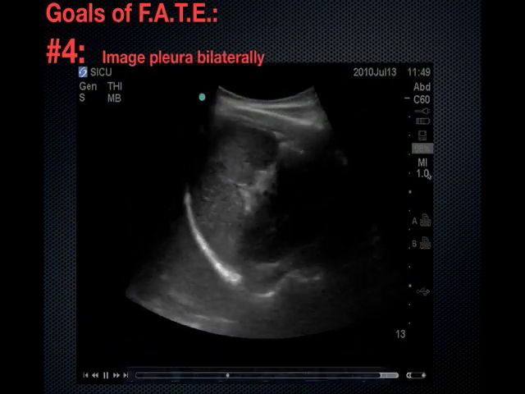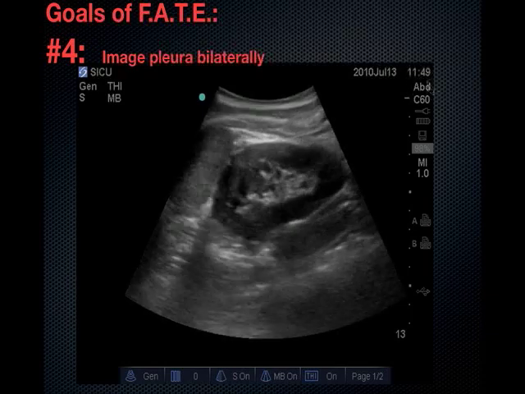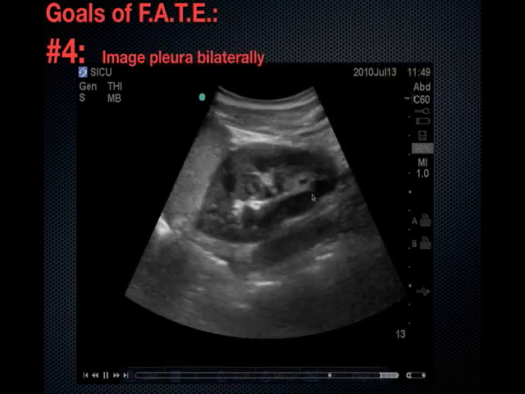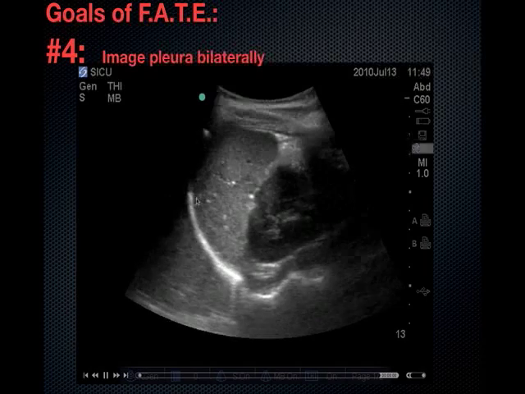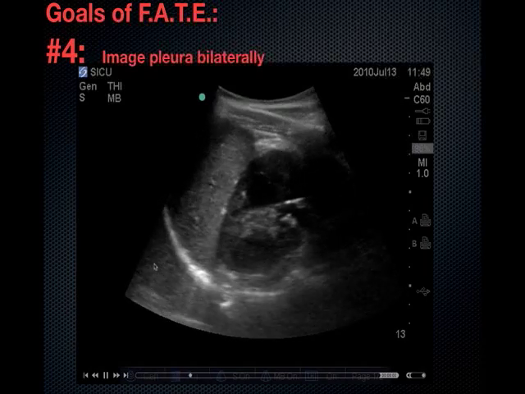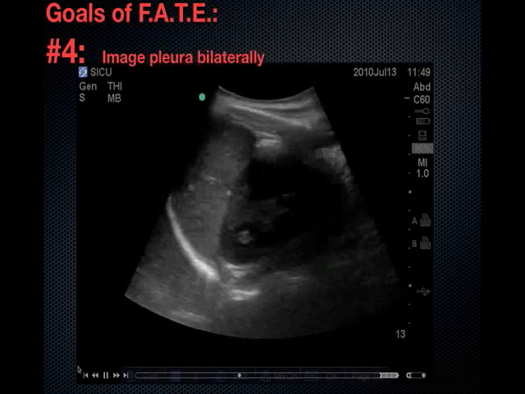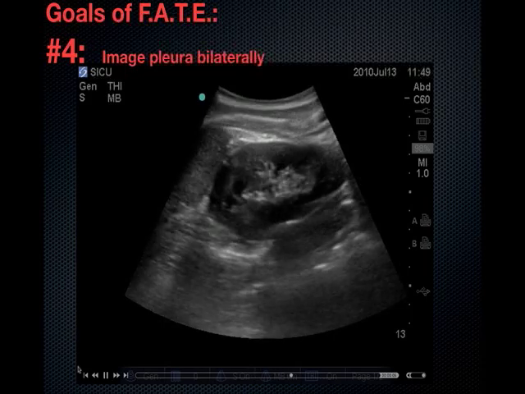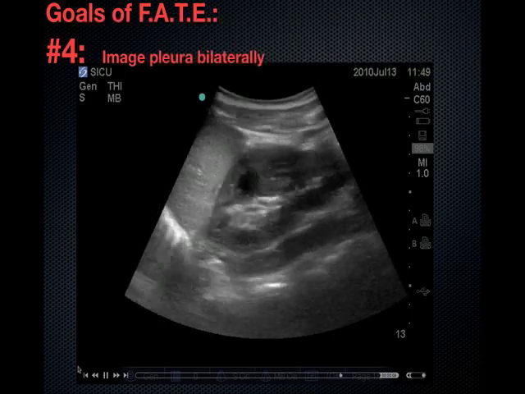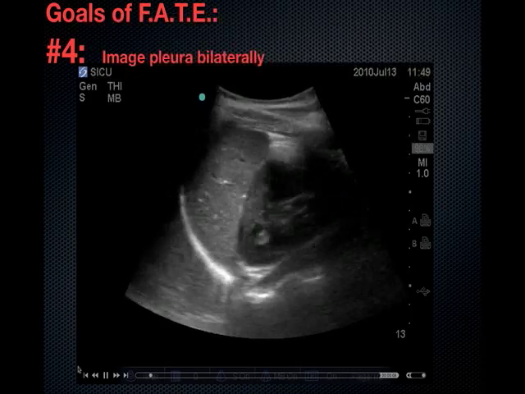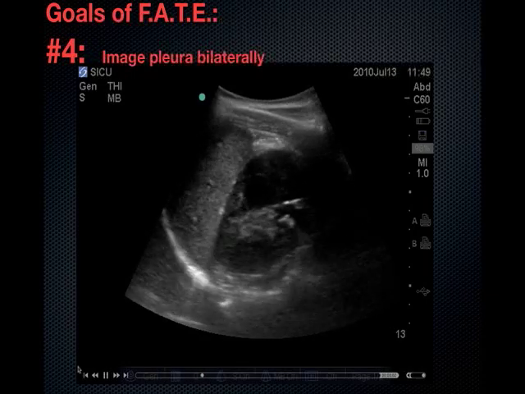This is in the abdominal setting, so the frame rate is a little bit slower and looks more granular. But again, here's the diaphragm, and right above the diaphragm, you don't see any black. You actually see what looks like liver. And we call this a mirror image artifact, which is what we see when there's air in the thoracic space instead of fluid.